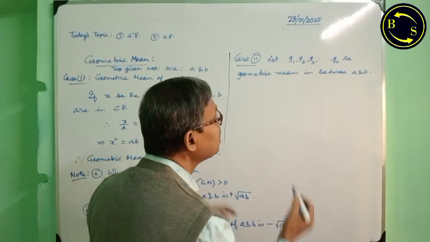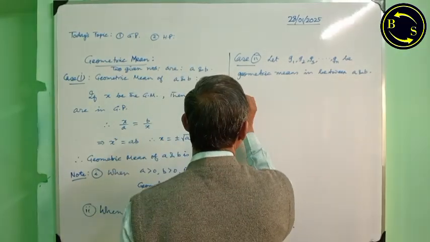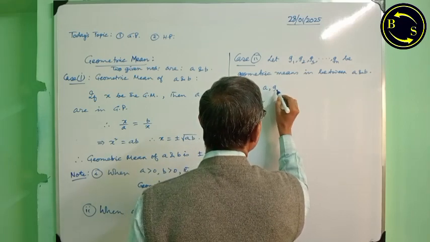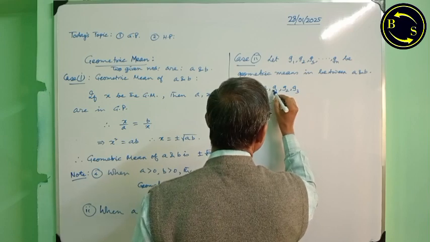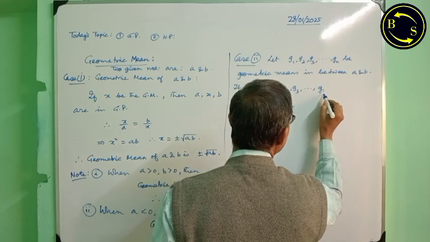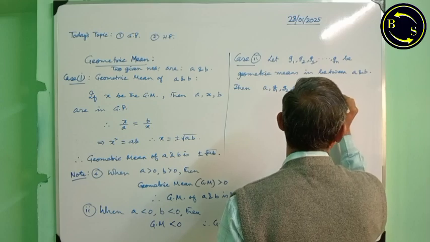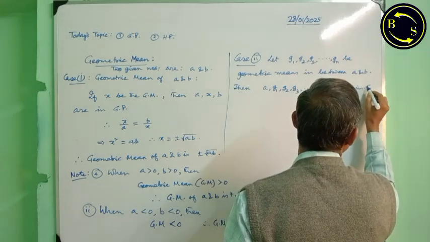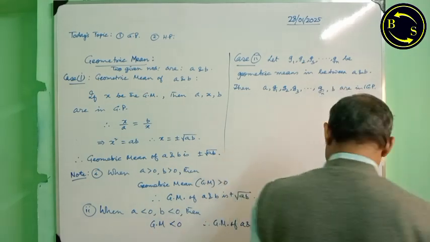Now, if we place those means in between A and B, what we find? Then A, G1, G2, G3, Gn, B are in GP, geometric progression.